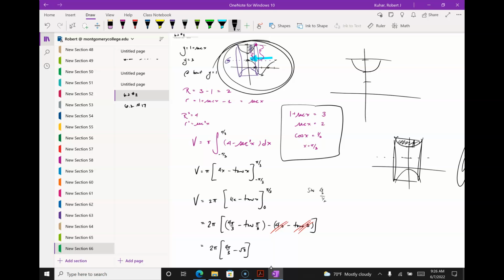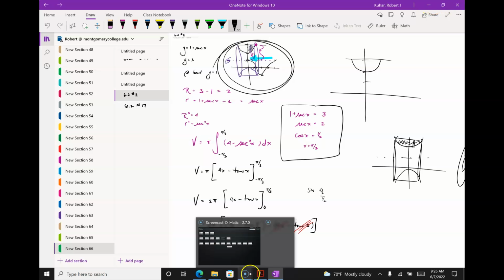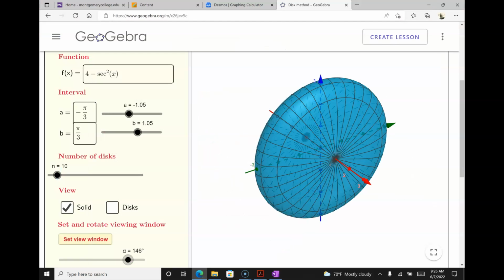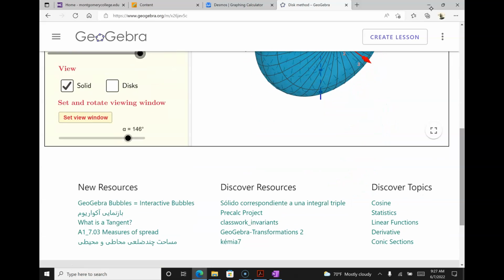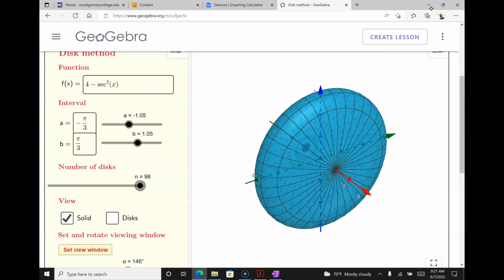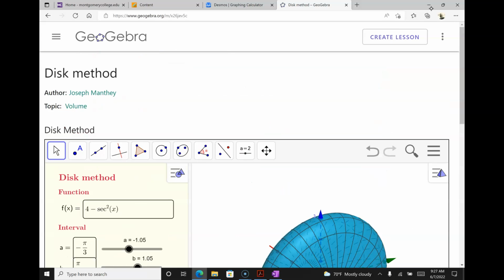But that's okay. So I don't know how to get that picture. So I have to think about that. How could I even get that original picture? I don't know if I can.